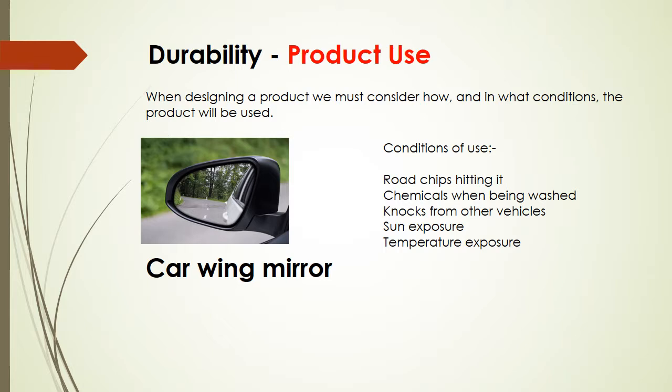It might get knocked by other vehicles. It has to have a high resistance to sun exposure and temperature exposure. So the material has to have the properties to be able to cope with these conditions, and if it doesn't, then that would affect its durability.